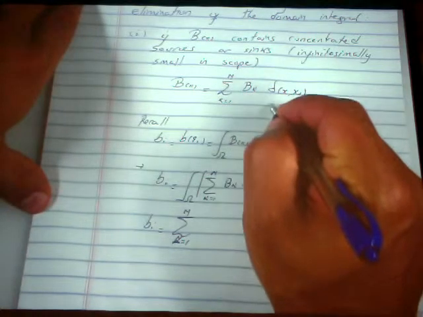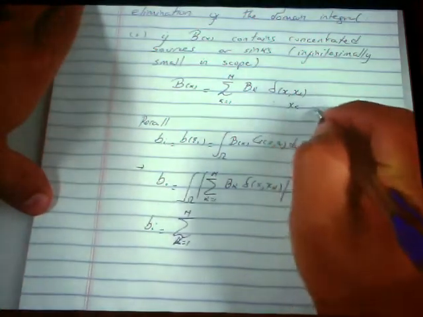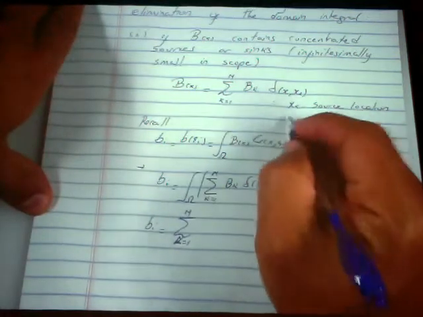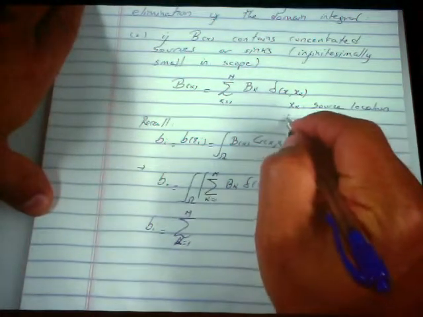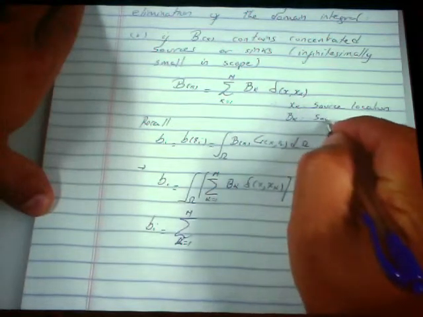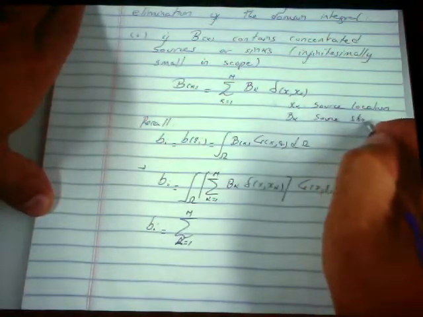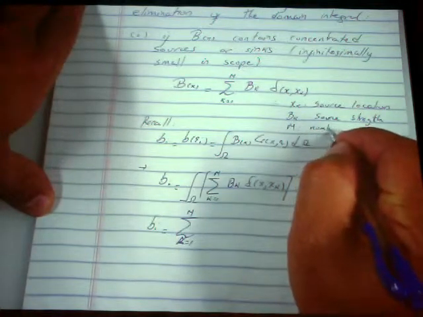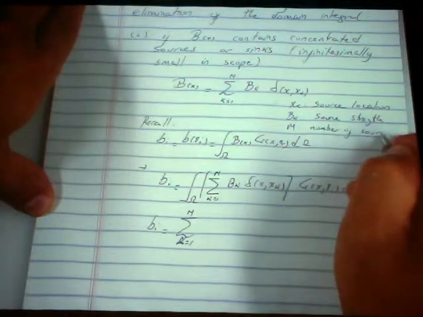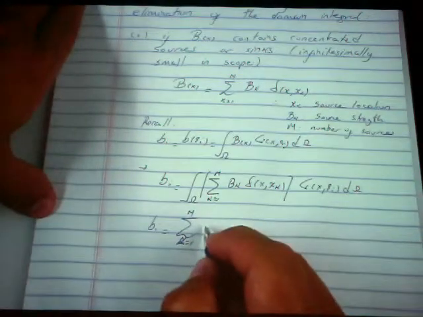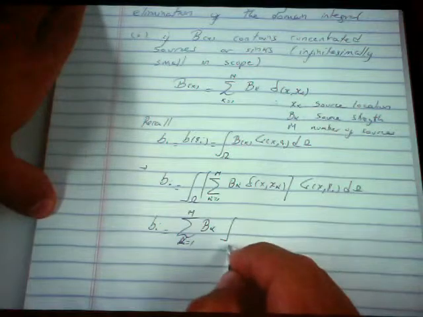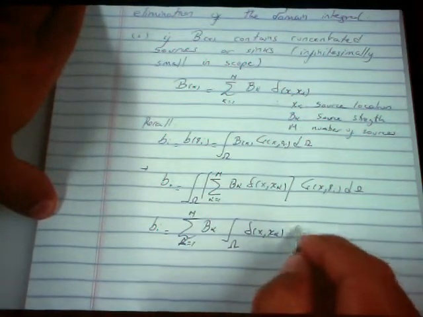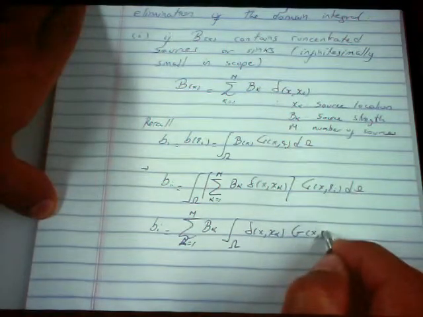Such that I'm going to say it here: Xk, source location, and Bk, source strength, and M, number of sources. So here we have Bk times the integral over the domain I.